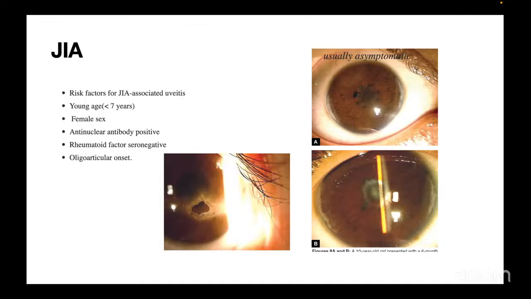They have JIA already diagnosed, and the patient's complaint is loss of vision. Usually these patients don't come with pain or ciliary congestion, because they have a very mild anterior uveitis, but it is chronic. You can see here there is band keratopathy in all three patients, with occlusio pupillae, seclusio pupillae, as well as a cyclitic membrane.